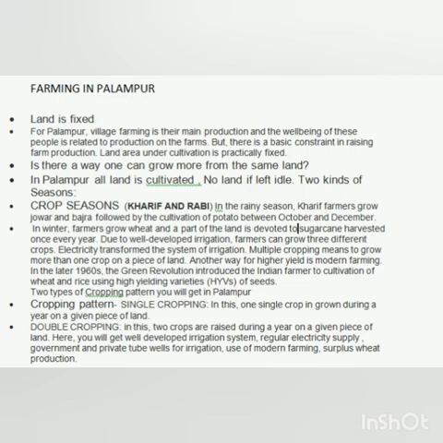In this, 2 crops are raised during a year on a given piece of land. Here you will get a well-developed irrigation system, regular electricity supply, government and private tube wells for irrigation, use of modern farming, and surplus wheat production.